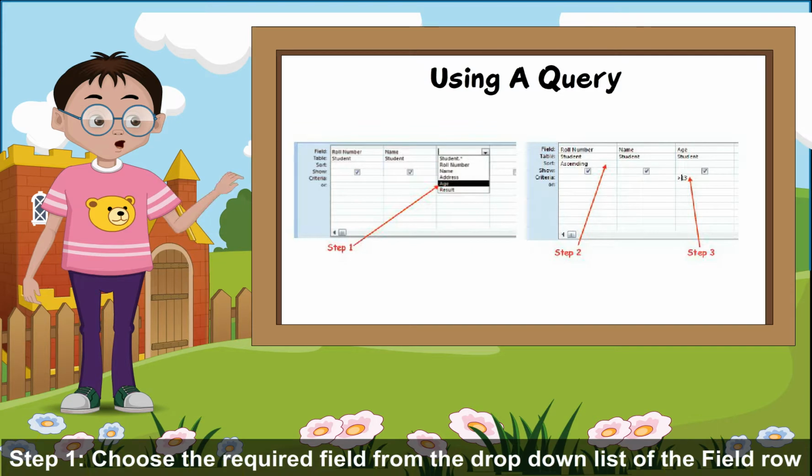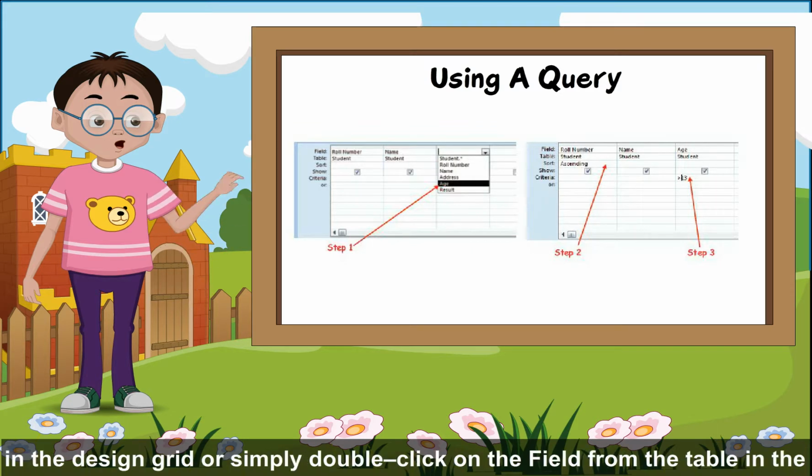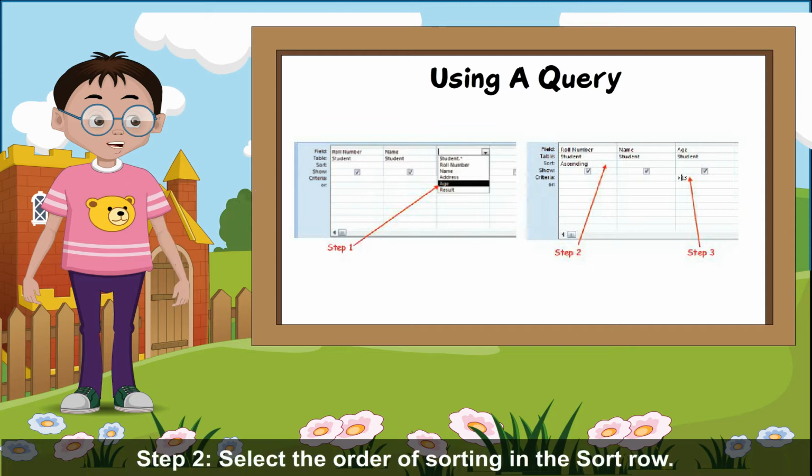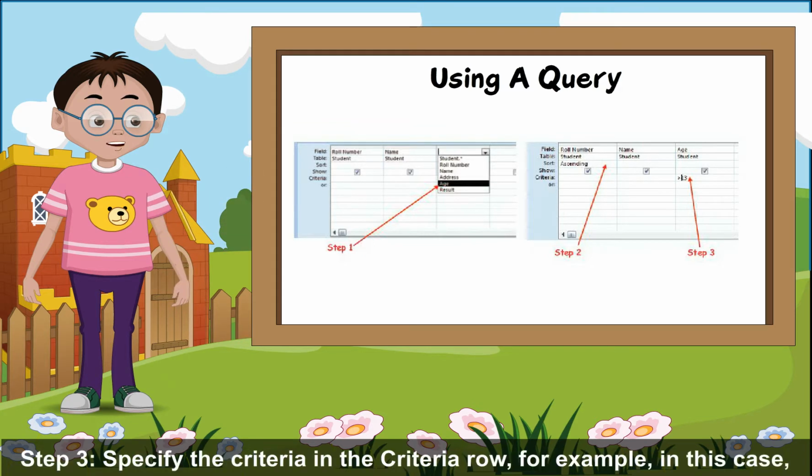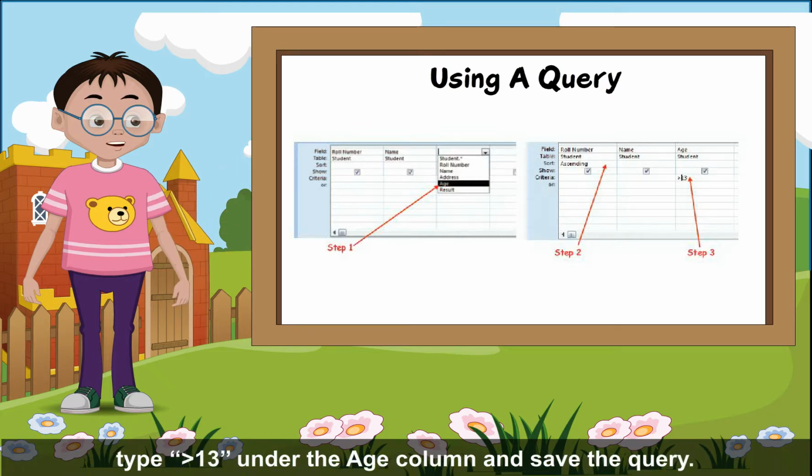Choose the required field from the drop-down list of the field row in the design grid, or simply double-click on the field from the table in the top pane. Step 2. Select the order of sorting in the sort row. Step 3. Specify the criteria in the criteria row. For example, in this case, type greater than 13 under the age column and save the query.